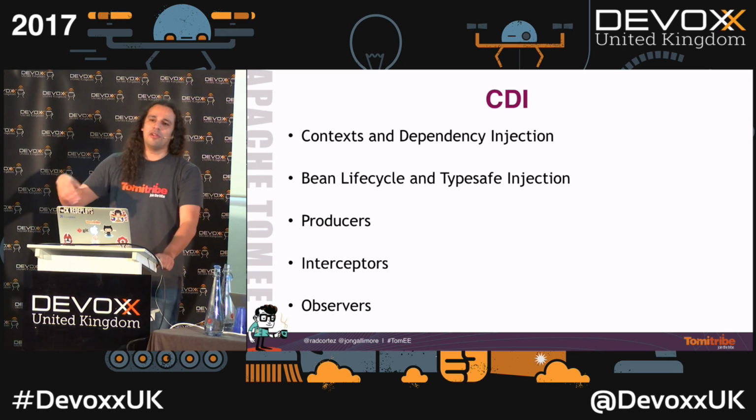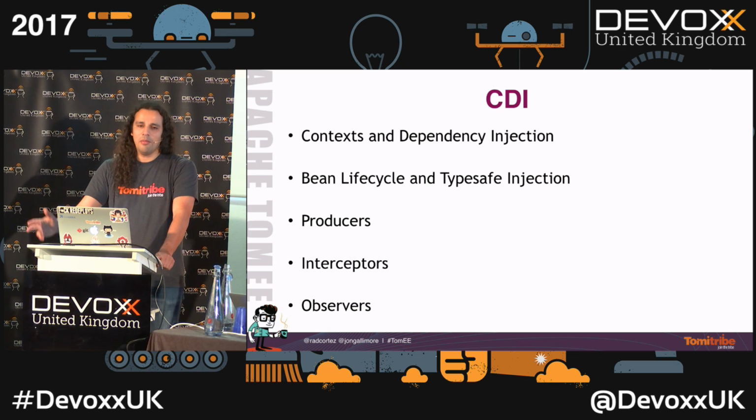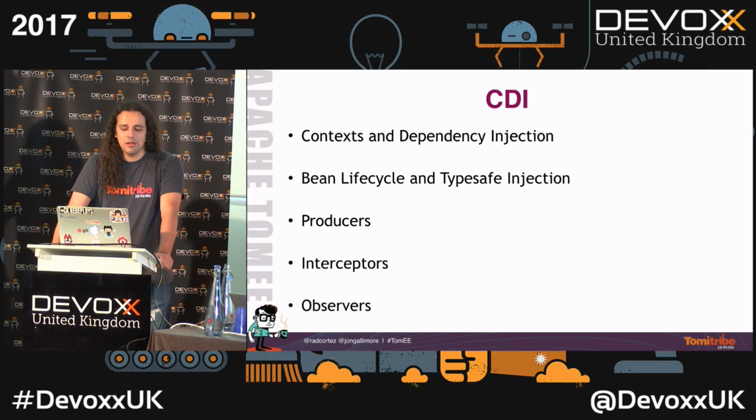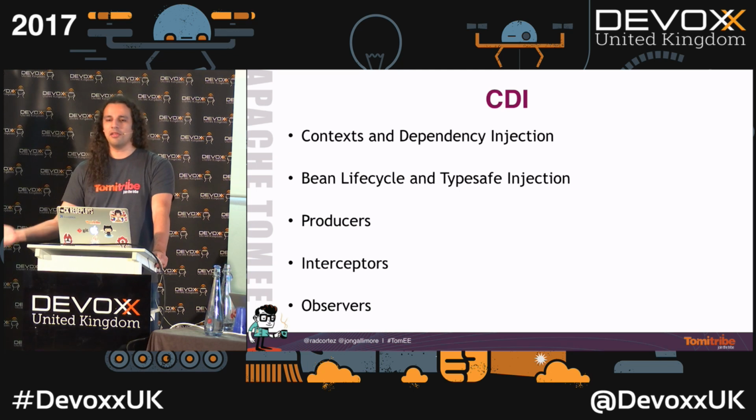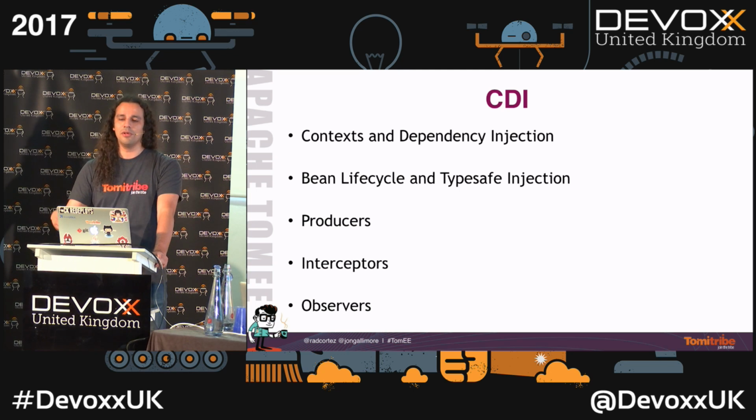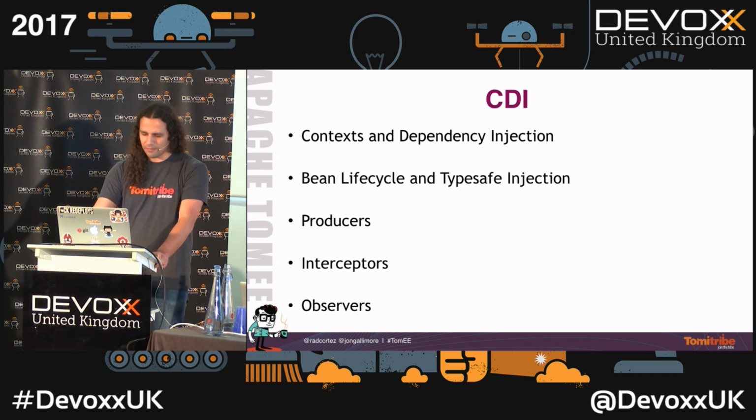You have producers that are able to produce beans of a specific type, you can add interceptors on top of that, and you also have observers and events. It's a very powerful spec that allows you to integrate with a lot of technologies. Most interestingly, almost all the other specs are now leveraging CDI in their own implementations. If you look into transactions, you're now able to see transactions using CDI events and other things.